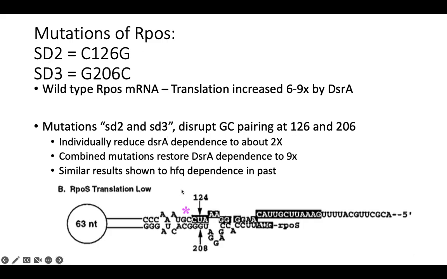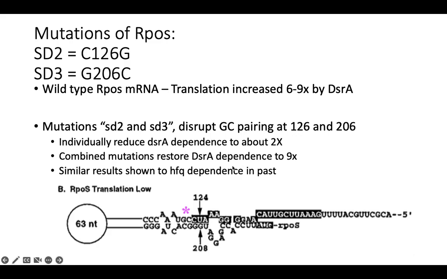Now, if we add mutation SD2 or SD3, for example, say we just applied mutation SD2, we're going to have a G on top and a G on the bottom in these particular positions. So that's going to disrupt the rpoS mRNA's ability to stay closed. Just by changing that one position, we can reduce the dependence on DsrA about 2 times.